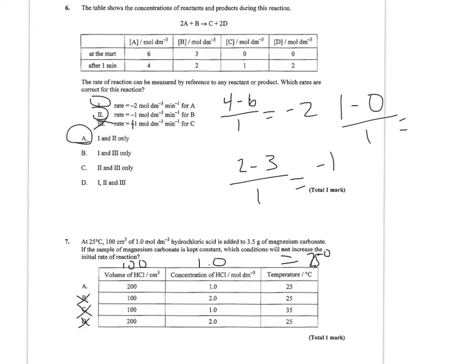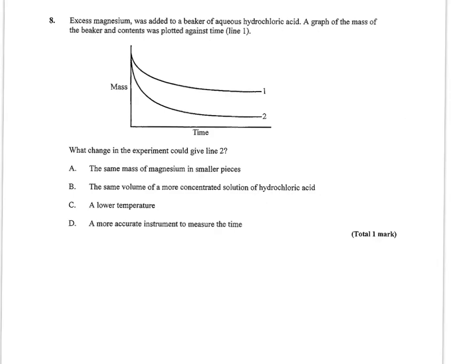And the only change there is that I've doubled the volume of HCl. That does not increase the collisions because it simply gives you more HCl over a bigger area. So the reactant particles aren't packed any closer when you use double the volume, so there won't be any increase in collisions, so there's no increase in rate.